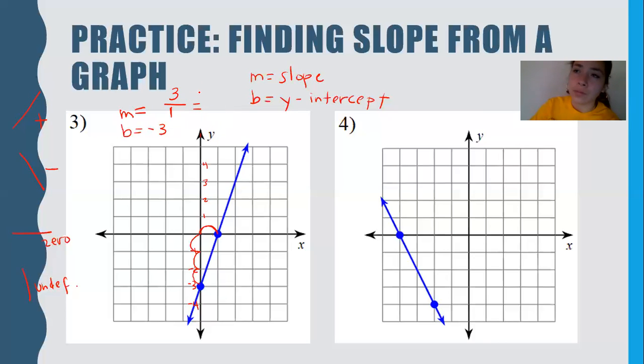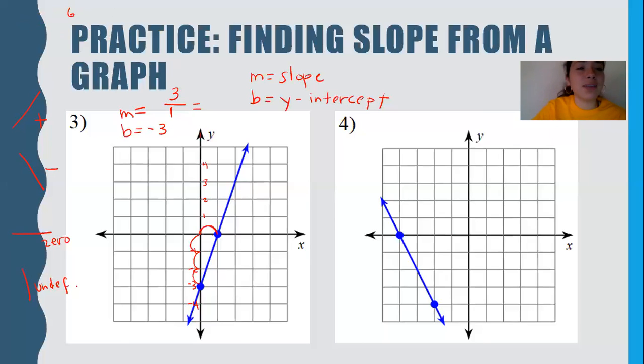3 divided by 1. So remember, anything divided by 1 is that same number. So if you have 9 divided by 1, it's 9. 8 divided by 1, it's 8. 16 divided by 1, 16. So what do you think 3 divided by 1 is? So it's the number itself.